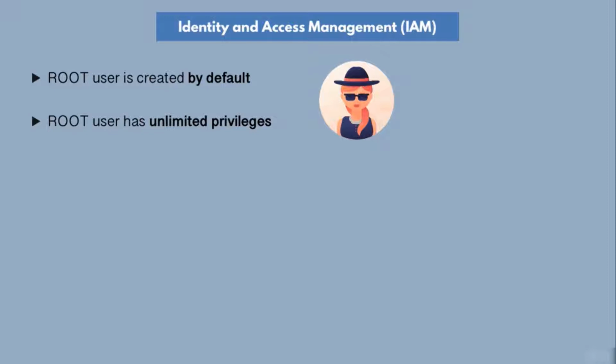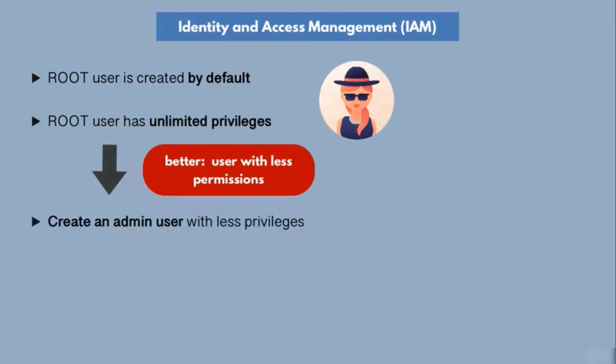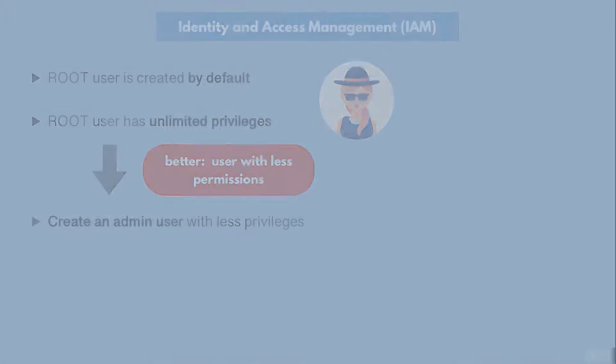So the first thing we want to do when the account is registered is create an admin user that has fewer privileges than the root user, but all the privileges we need to create an EC2 instance and deploy some applications on it. This is also the first thing that AWS advises to do for security reasons.